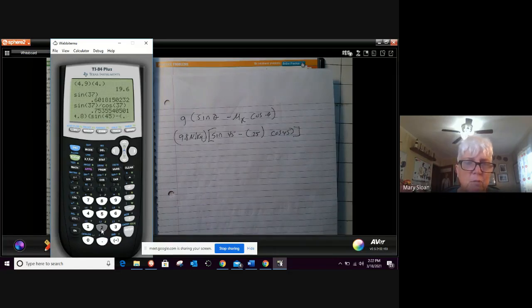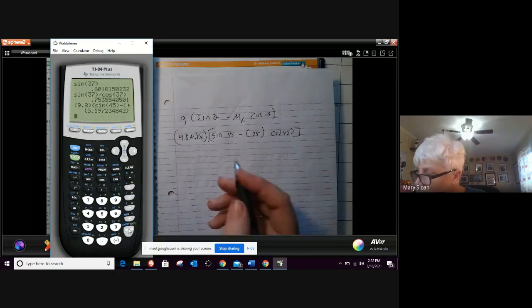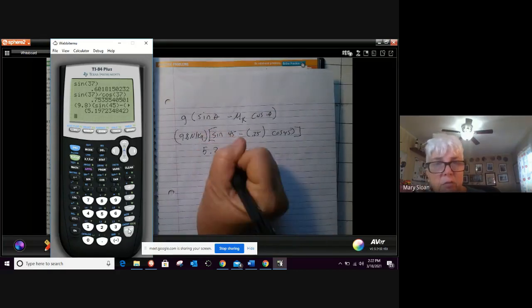And I promise you, if you do it just like I have it written down, you'll get it right. And then cosine 45. I'm closing my bracket. But now I need to close my outside bracket. So I'm going to do second here and enter. And I get 5.19, which I'm going to say is 5.2.